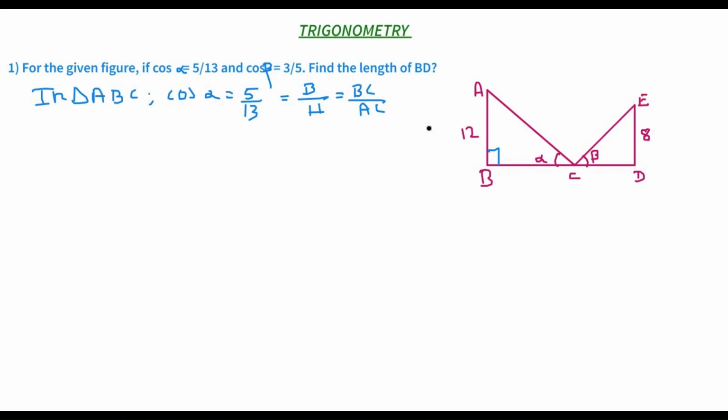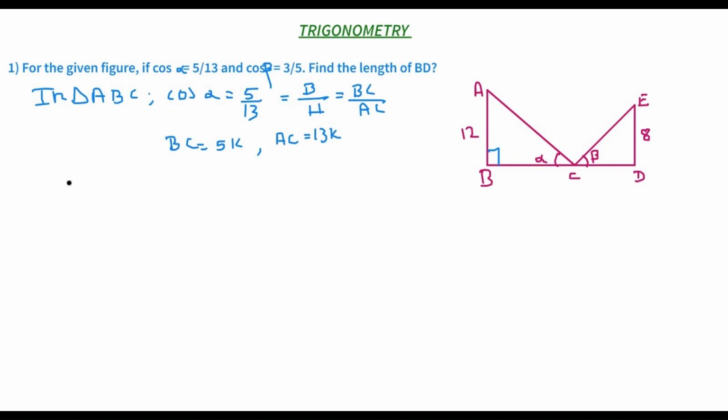So now we know BC as 5 and AC as 13, but that is not the actual value. So what we would do is keep BC equals 5K and AC equals 13K. First we have to find the exact value because AB is already given, right? So now which theorem can we apply?